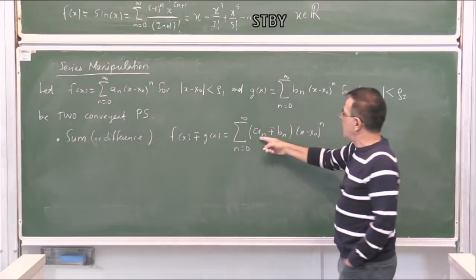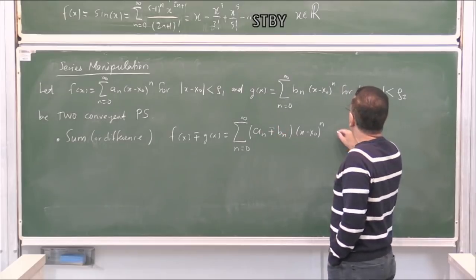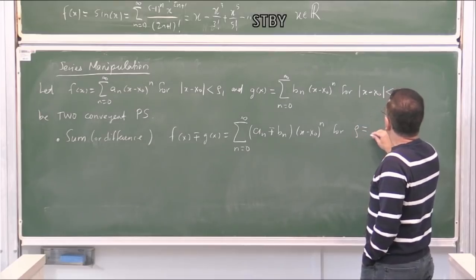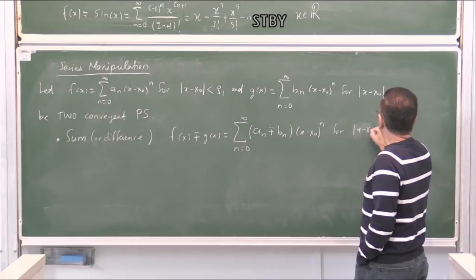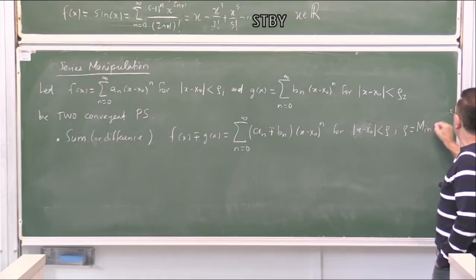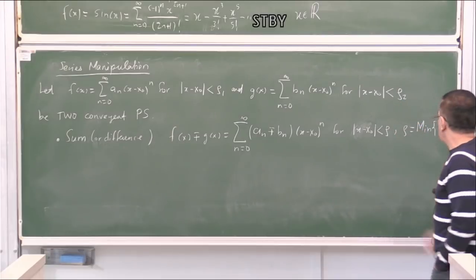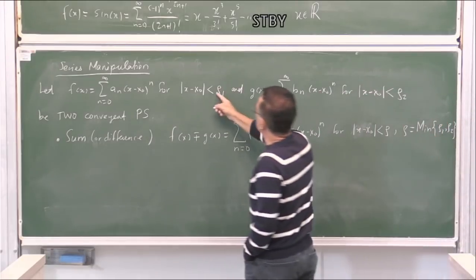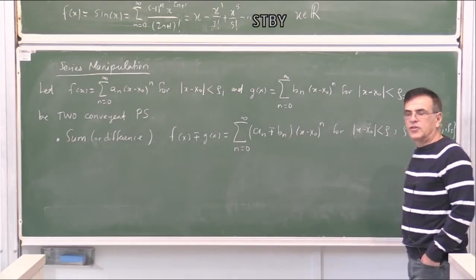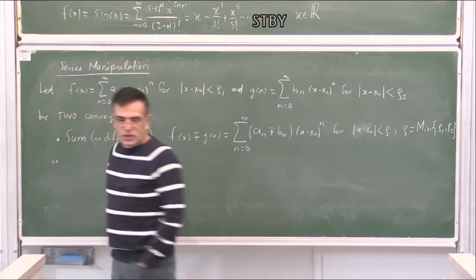So this is a new series with the new coefficient an plus bn or an minus bn, for x minus x0 smaller than rho, where rho is the minimum of rho 1 and rho 2. The smallest radius of convergence is the radius of convergence of the resulting sum or difference series.